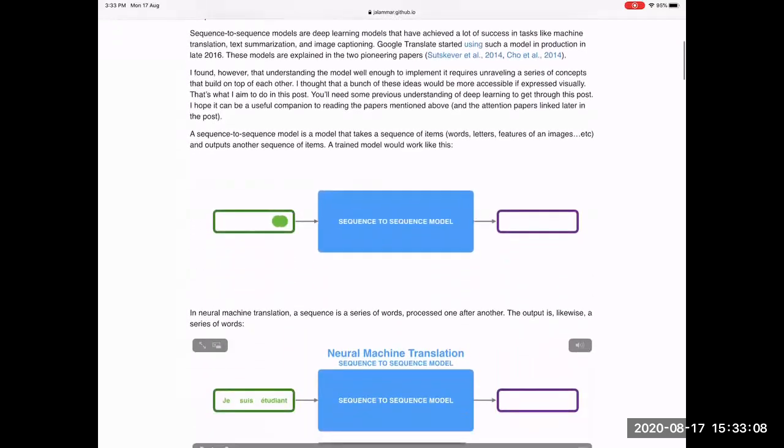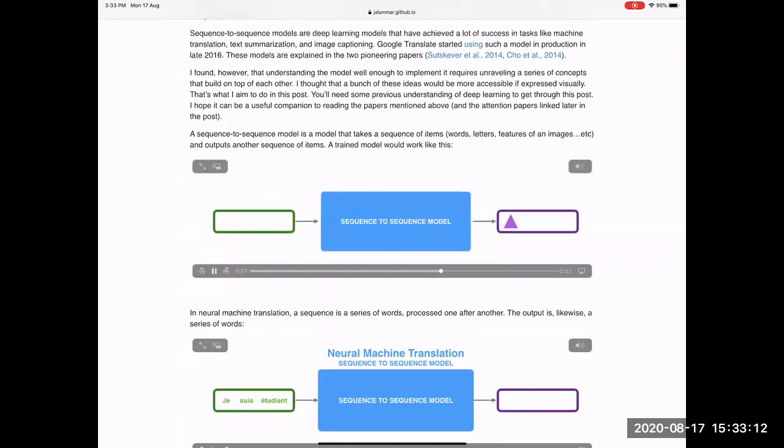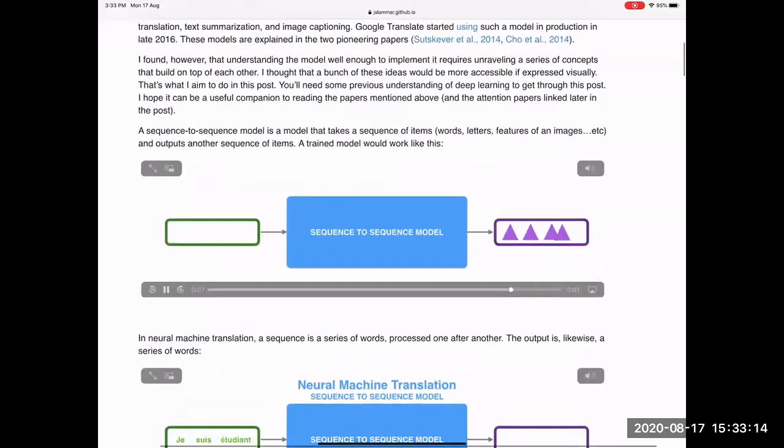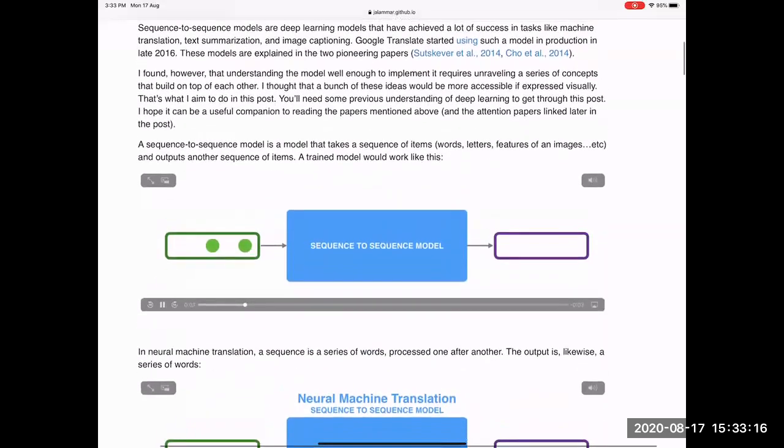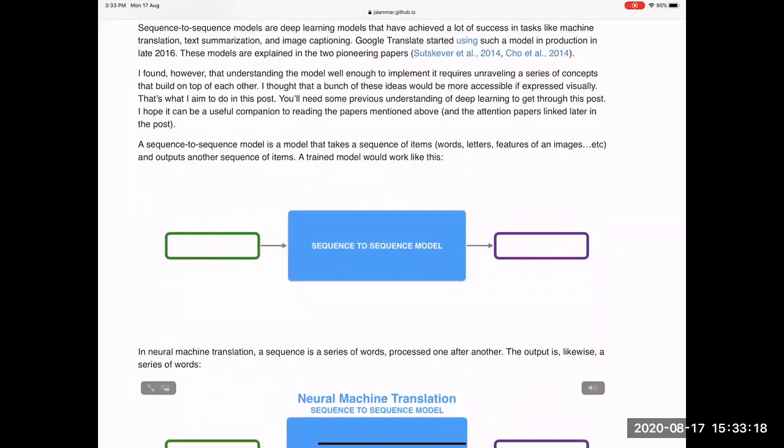Let us understand the first thing. I'm not sure that I will be able to use my cursor over this, so if I need to write, I will use another place. But try to see what is happening over here. You can see that these green things, x1, y1, are actually going into a sequence to sequence model.